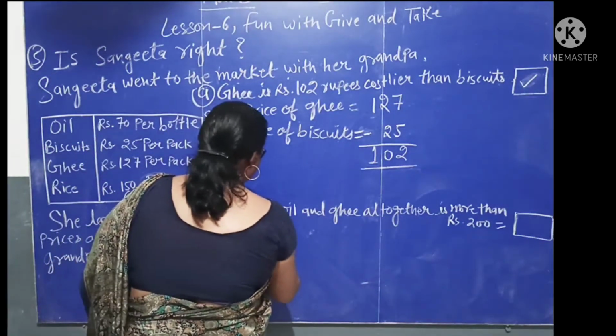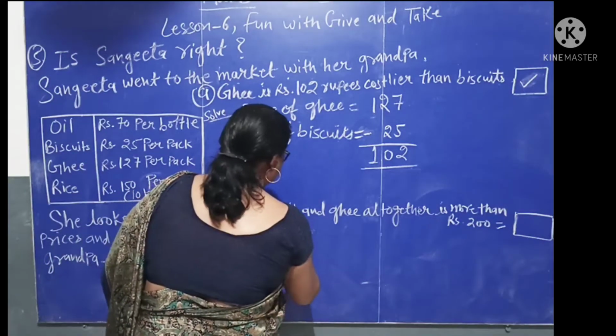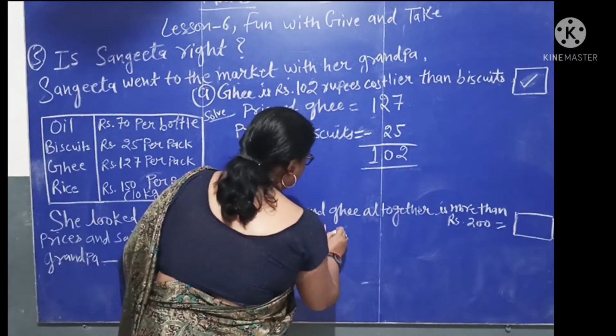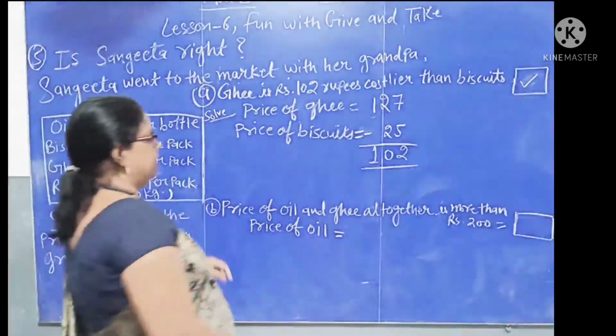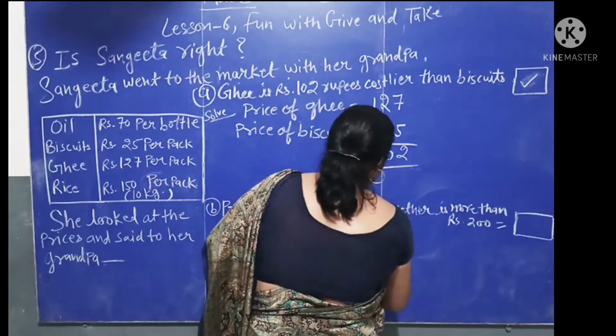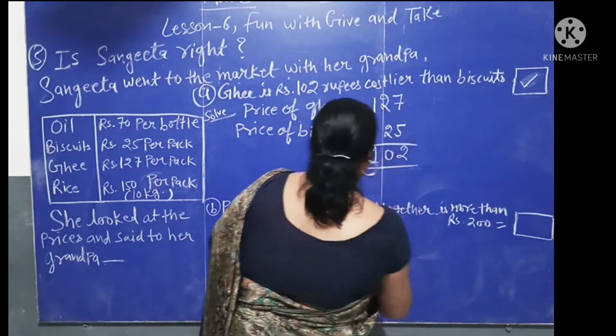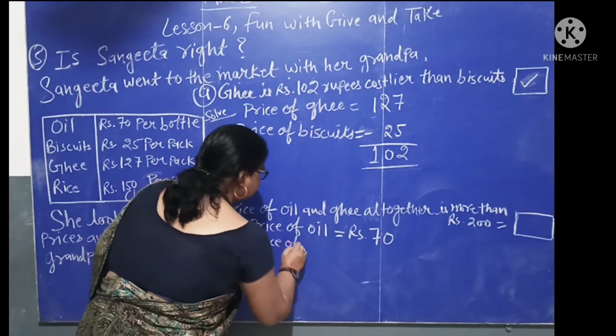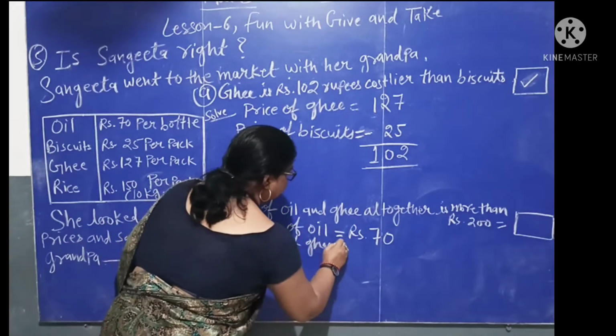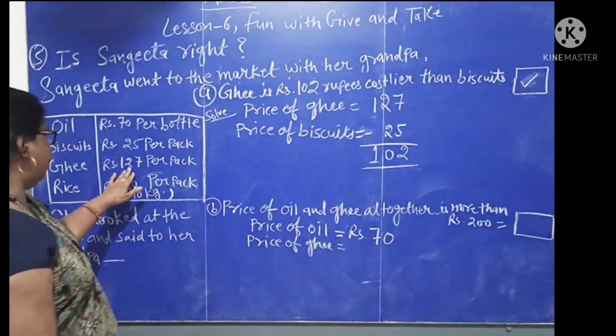Here is the price of oil. What is the price of oil? Rupees 70 per bottle. And the price of ghee?